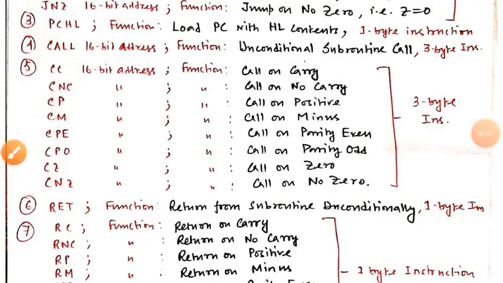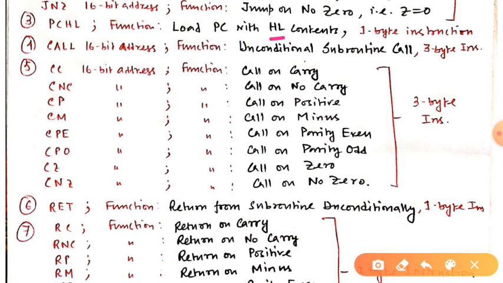Unlike the jump or call instructions, this PCHL instruction doesn't need to specify the memory address where to jump. It will be internally loaded from the HL register pair. So that is why this is a 1 byte instruction. It needs only the hex code of the corresponding instruction to be written in the memory location in order to write the PCHL instruction.